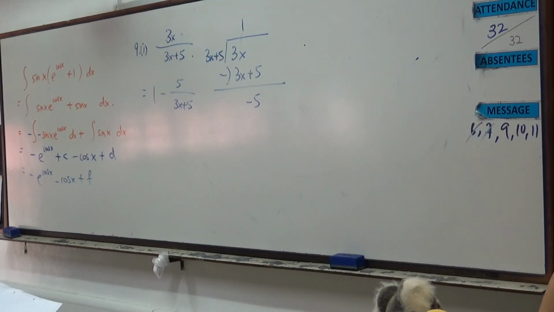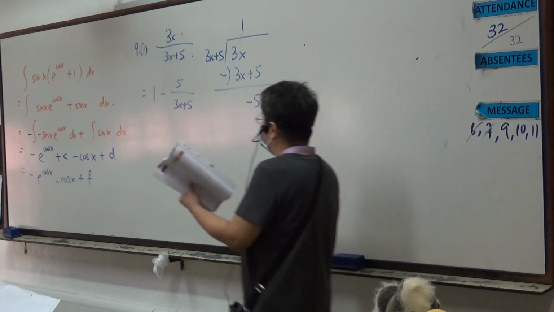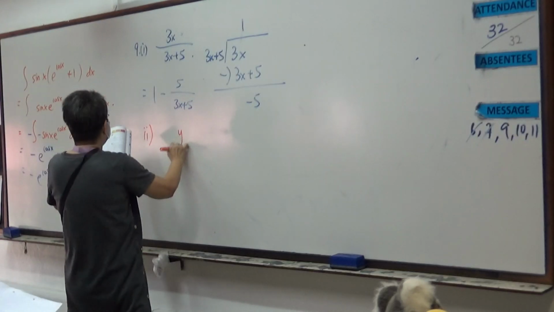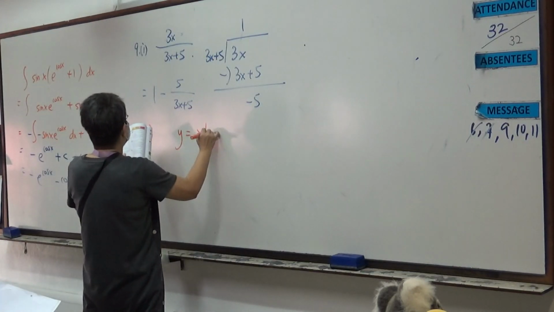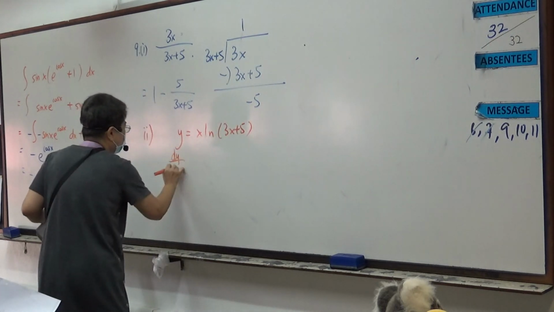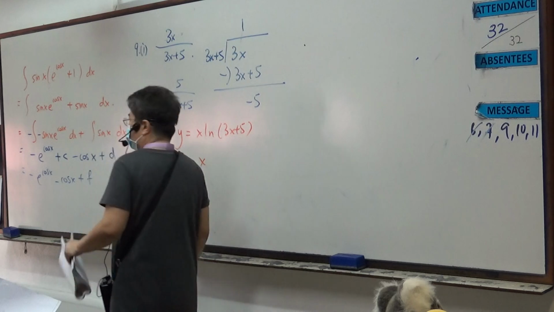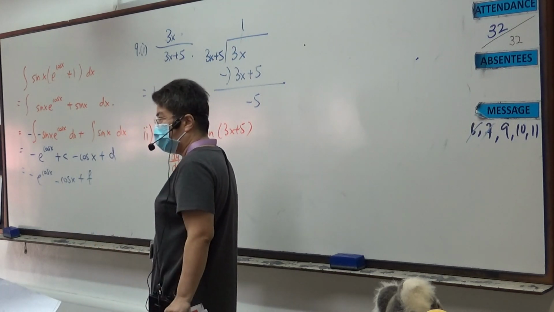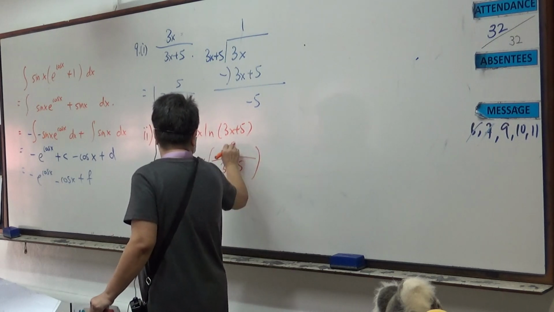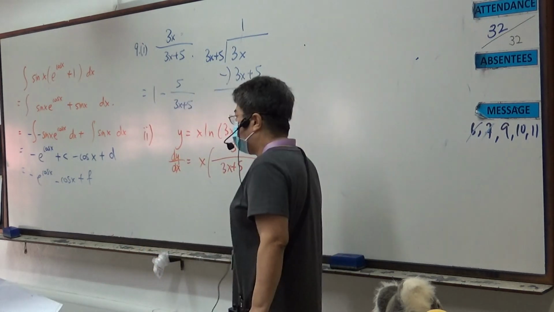Differentiate x ln 3x plus 5 with respect to x. Okay, let me do part 2. Can I let y be this first? x ln 3x plus 5. So dy/dx will be, fix this, right? Differentiate this, correct?